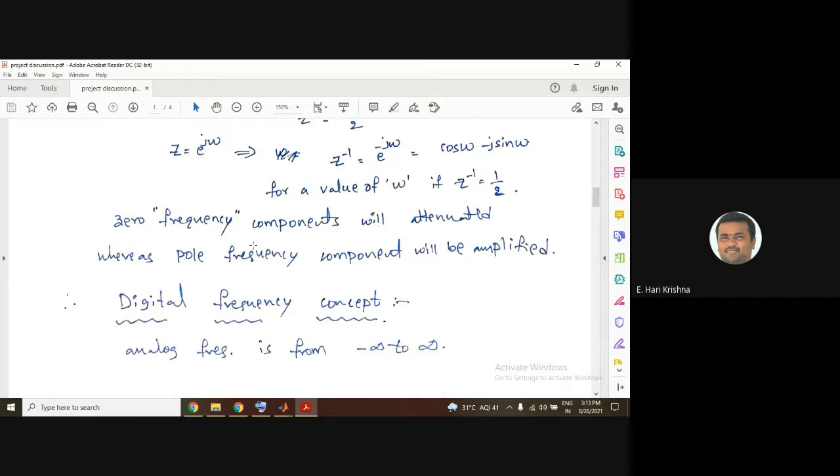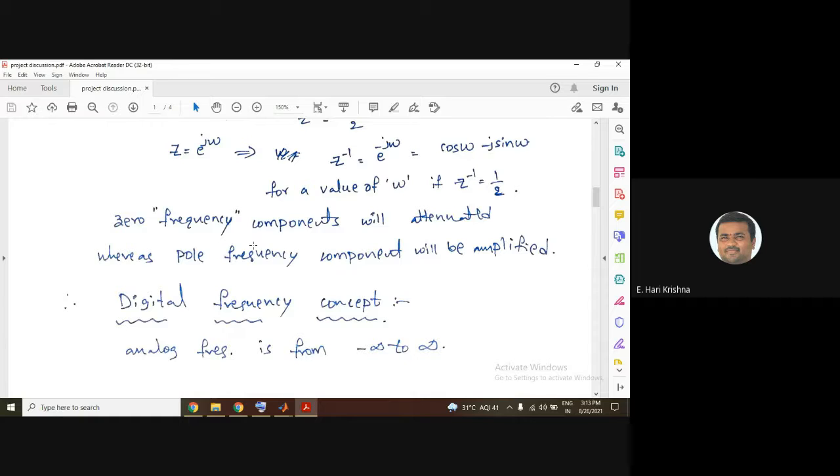We know that analog frequency is from minus infinity to plus infinity. From a theoretical perspective, we'll say that it is from 0 to infinity. When it comes to mathematics, it will be defined as minus infinity to plus infinity. Minus infinity to 0 will be the mirror image of 0 to infinity.